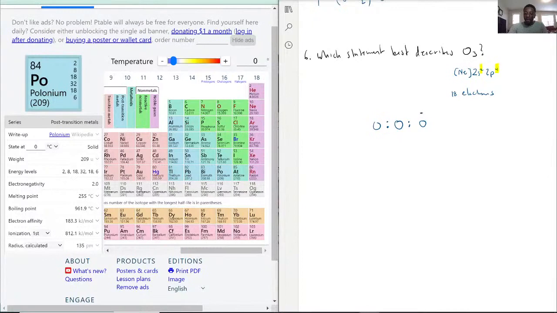So it's going to have 2, 3, 4, 5, 6, okay, and then the other oxygen, same thing, 2, 3, 4, 5, 6, all right, and then the oxygen in the middle is sharing right now 2 of its 6, so 3, 4, 5, 6. So the oxygen in the middle is actually completely satisfied, but this setup doesn't work because the oxygen on the outside have these radical lonely electrons.